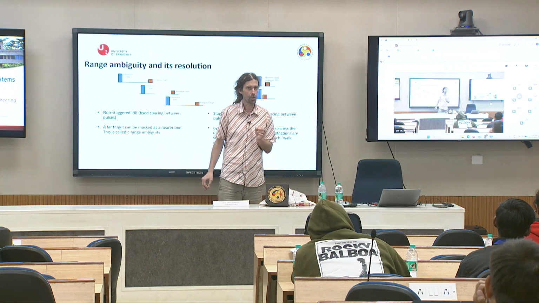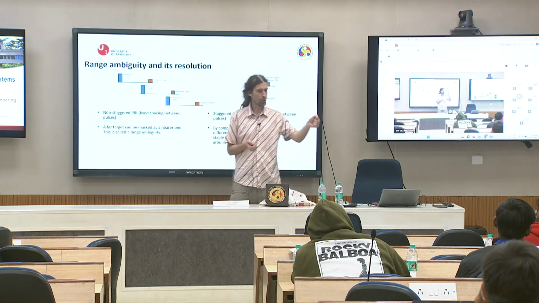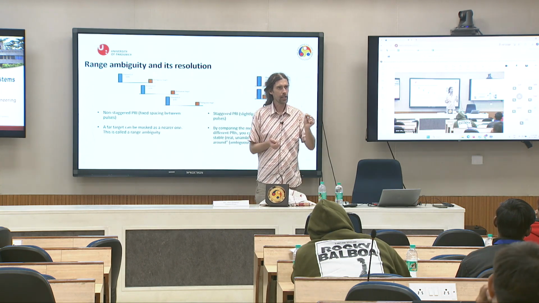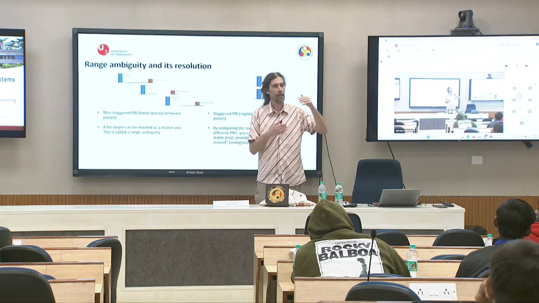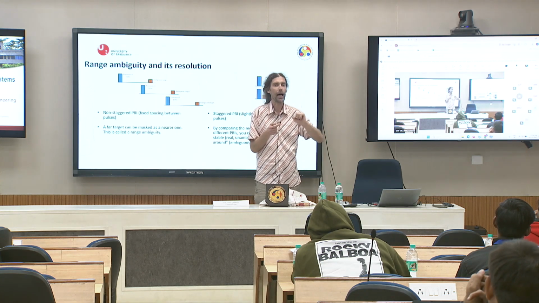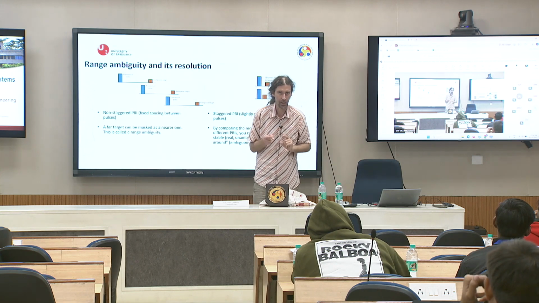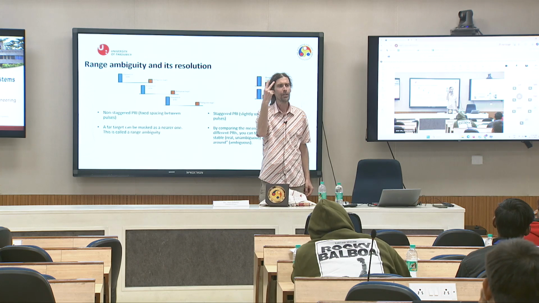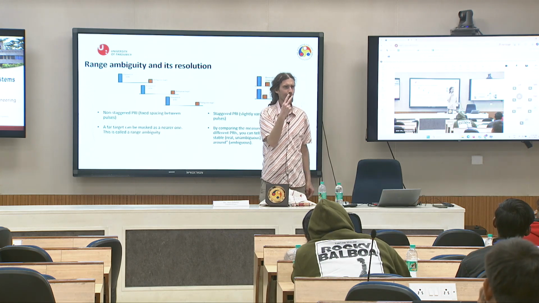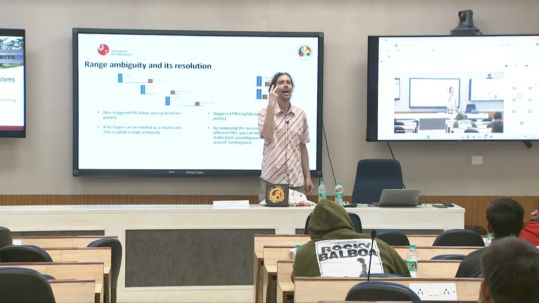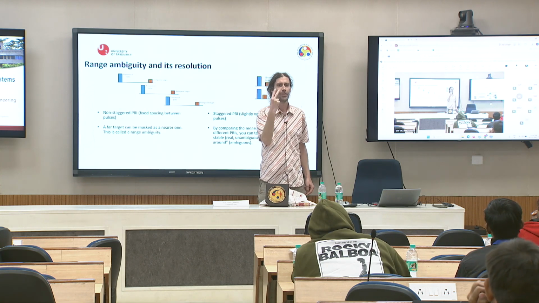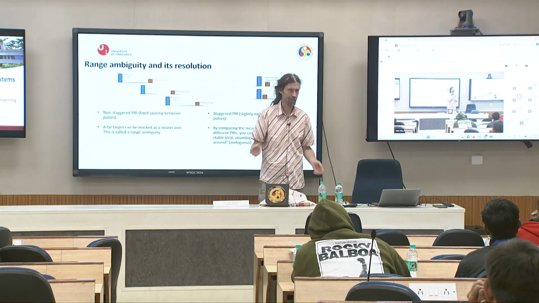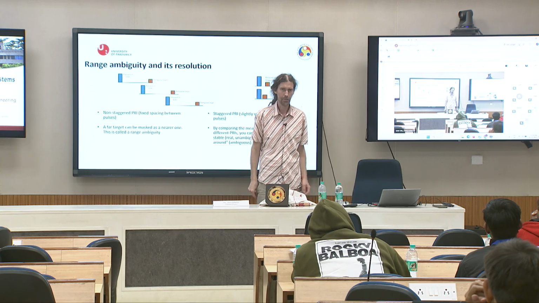So what does it mean for me? From the first pulse I get an ambiguous range, from the second I also get an ambiguous range. So I have two wrong ranges. How does this help me? Because by comparison of these two results, I can find the solution and the exact value of where my target is.